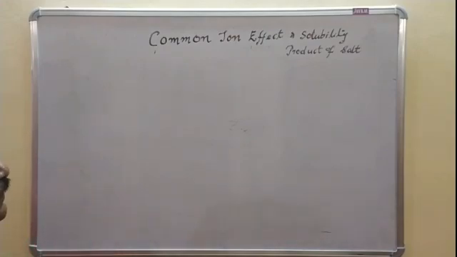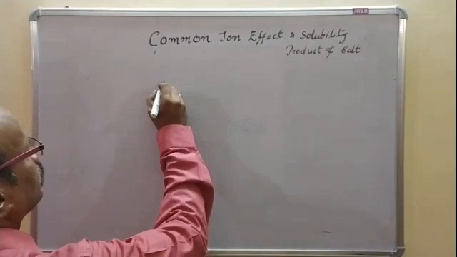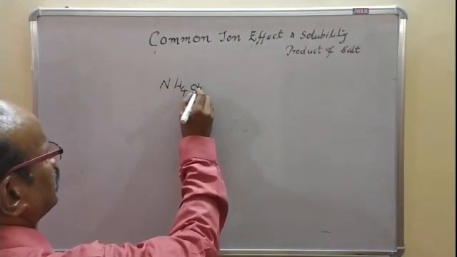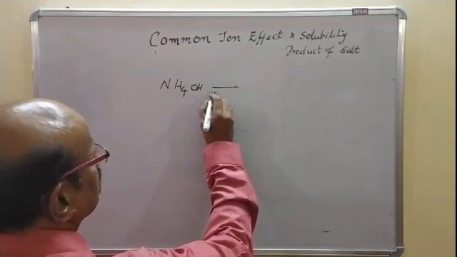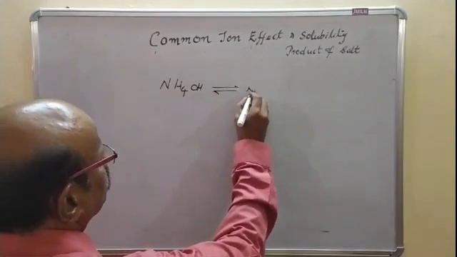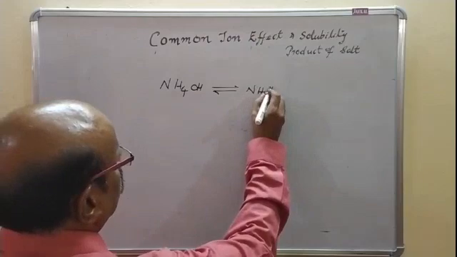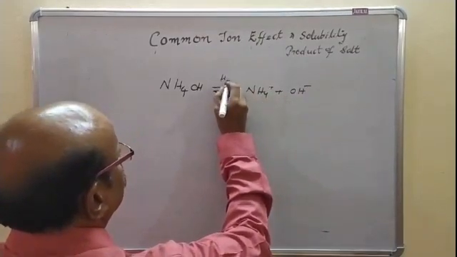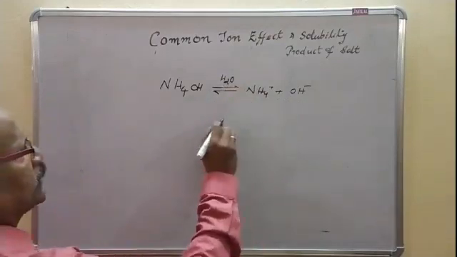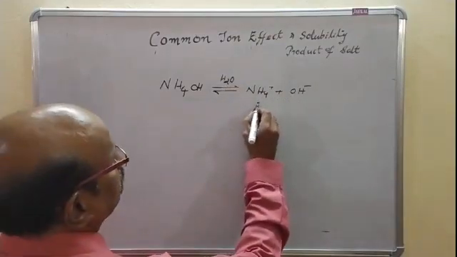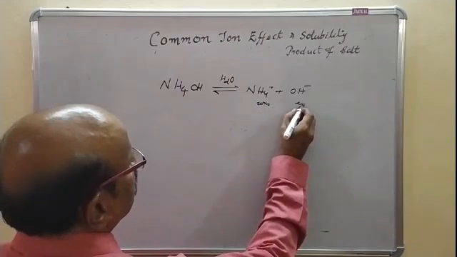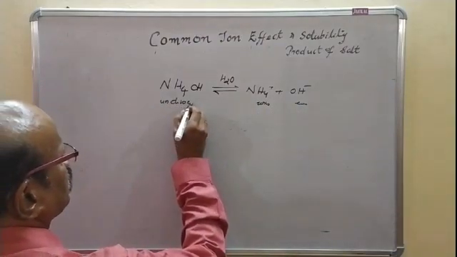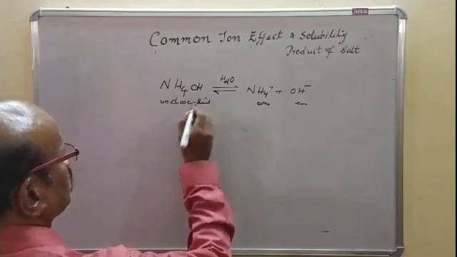Consider the case of ammonium hydroxide. All of you know that ammonium hydroxide is a weak electrolyte. It exists as partially ionized form in water, NH4 plus and OH minus, in the aqueous system. These are the ionized species, and this is the undissociated part.